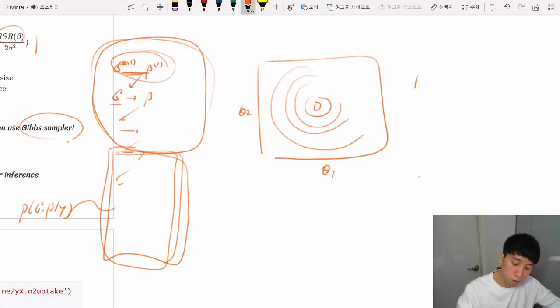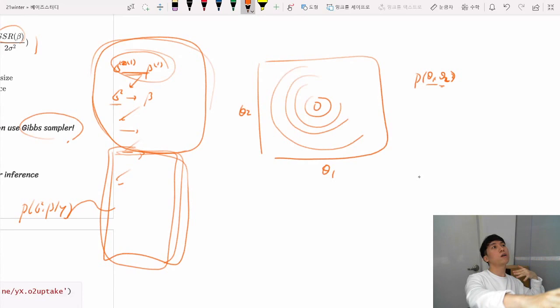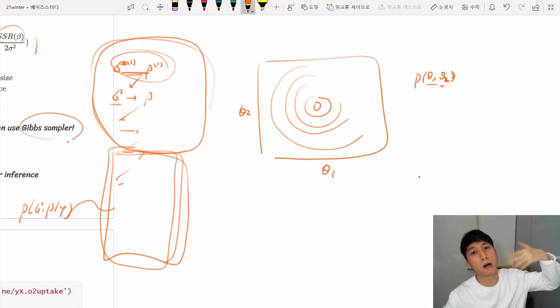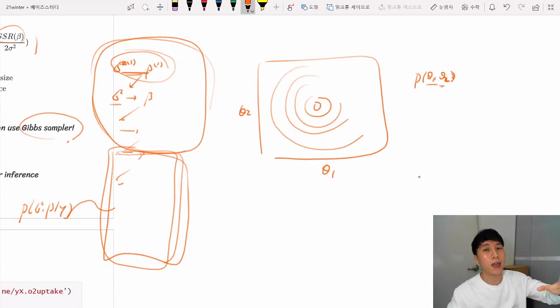Being aware of the full joint density of theta 1, theta 2 is equivalent to hiking the mountain and having all the information about the mountain, the exact altitude. What was the word for above sea level? Yeah, I'm just going to say altitude.